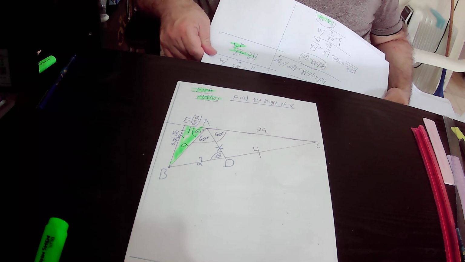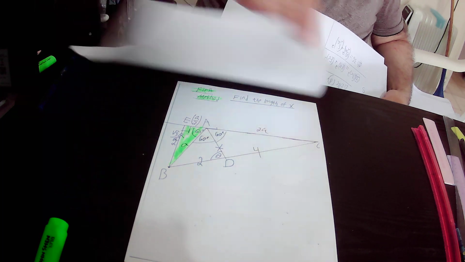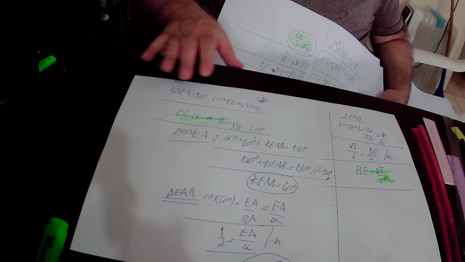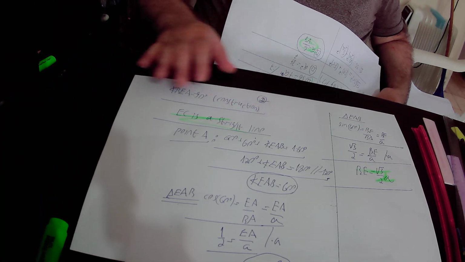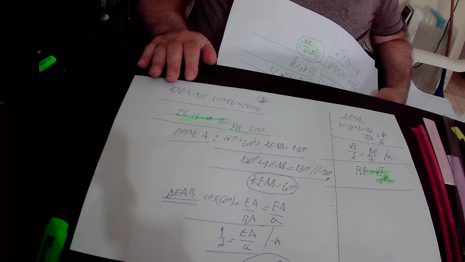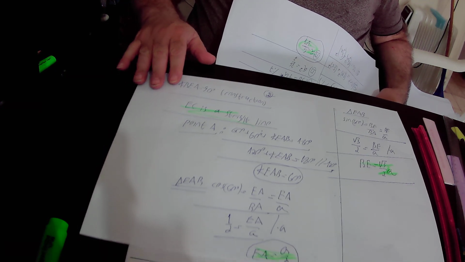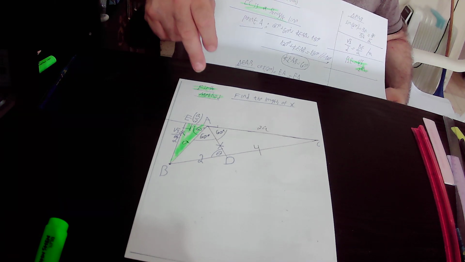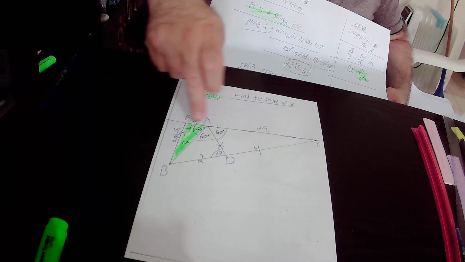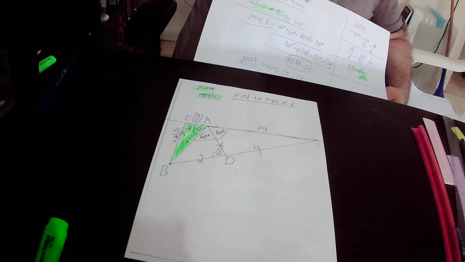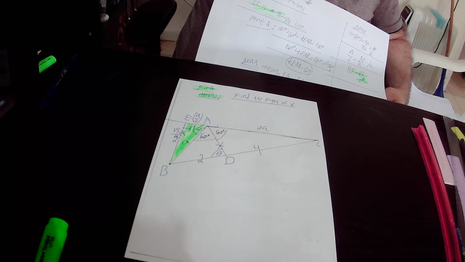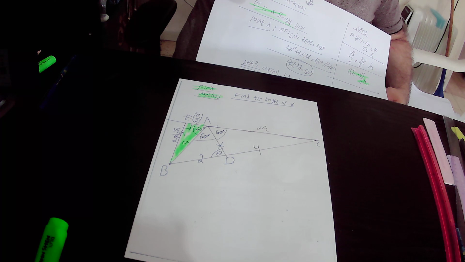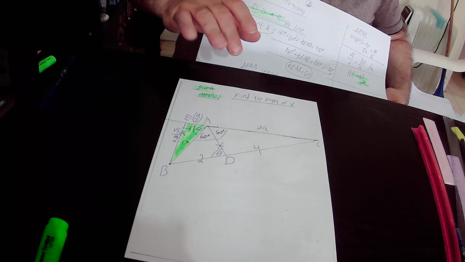We have the rule that the sum of the angles on one side of a straight line is equal to 180 degrees. So if we focus on the lower side of the straight line EC at point A, then the sum of the angles must be equal to 180 degrees.